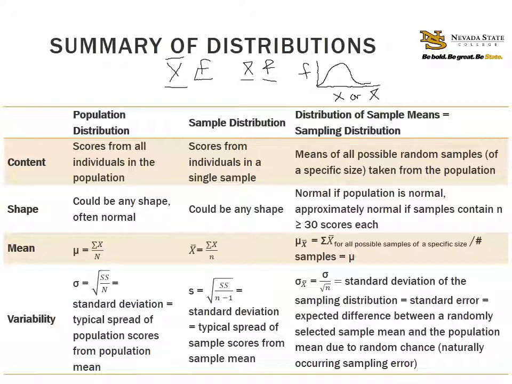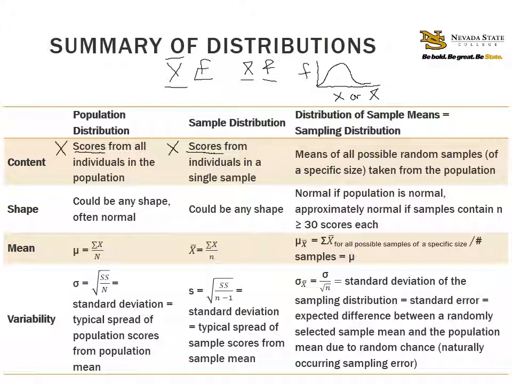In the population distribution, we're looking at scores, X values, from all individuals in the population. And in the sample distribution, it's the same thing. We're looking at all possible scores or X values from individuals in a single sample. And again, remember the population is just everybody or everything the researcher cares about.